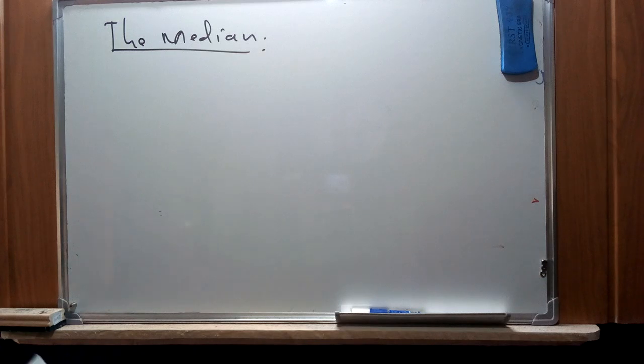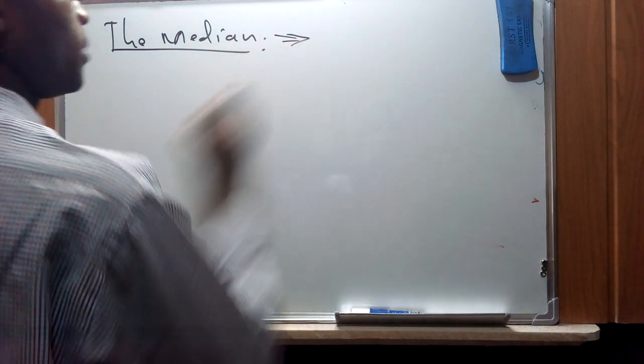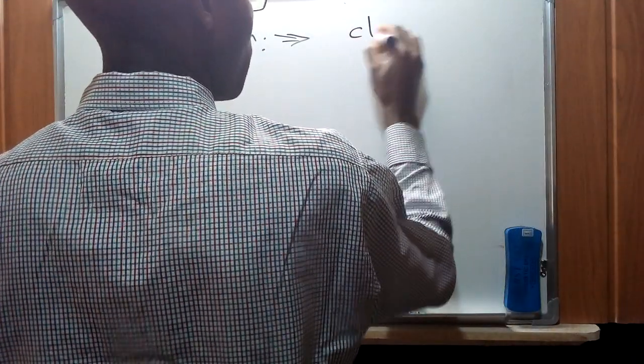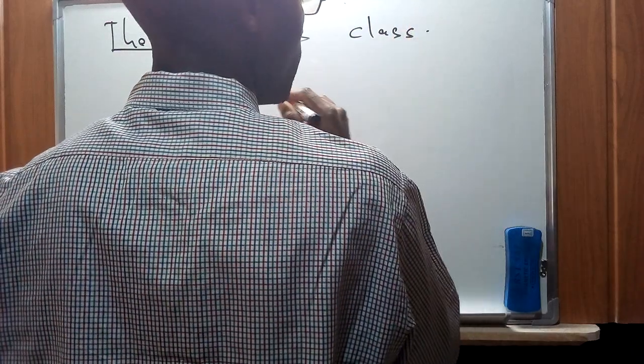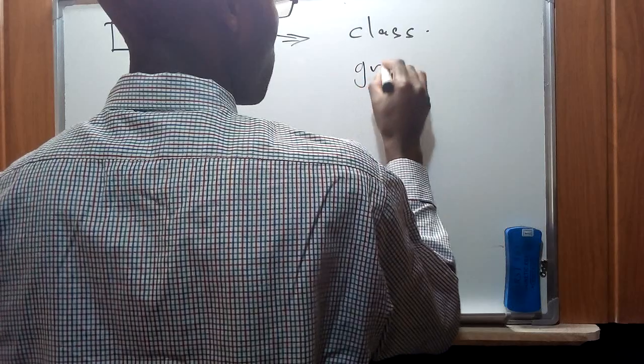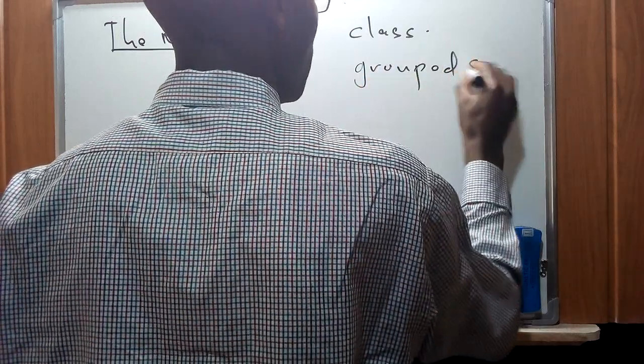So this concept of the median means the score that occurs at the middle or at the center of a given set of data. Last time we had given our set of data and we talked about the concept of a class of data or a range of data, and then we talked about the concept of grouped and ungrouped data.